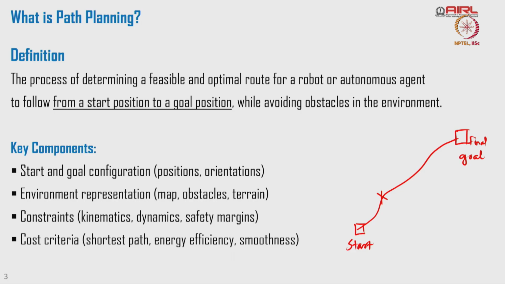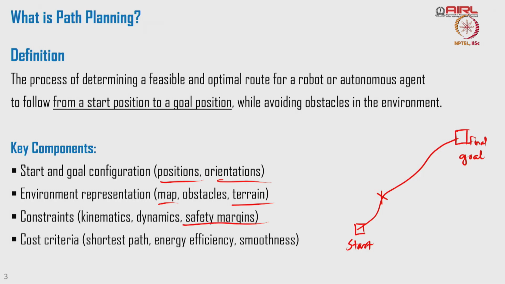Fine. So, the key components of path planning are the start and goal configuration. So, we need the positions and orientations of those. Then environment representation, we need a map of the environment to know more about it, then terrain information. Then we need constraints, which are kinematic constraints, dynamics of the drones, and safety margins are to be included.